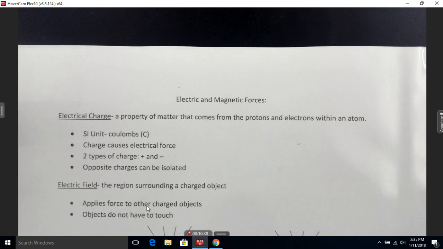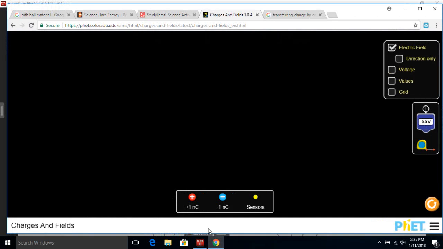So it's like, here's my little particle, and around it, there is this area that, in that area, it will apply a force. It's an electric force right now that we're talking about. Okay, so let's look at the protons.